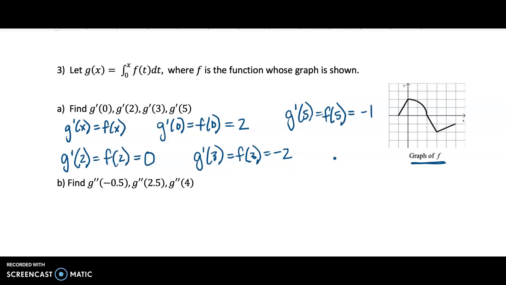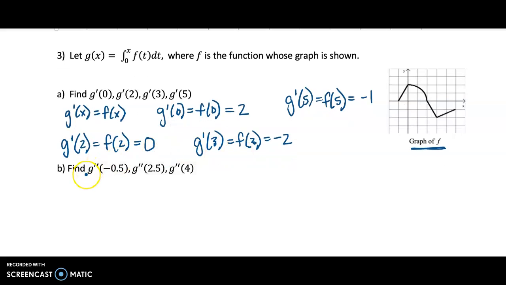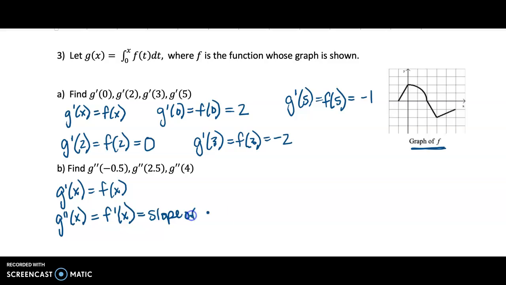Okay, so now what does that mean when I start saying g double prime? Well, I just figured out in the last problem that g prime of x is equal to f of x by the fundamental theorem of calculus, and if I take the derivative of both of these again, I'm going to get g double prime equals f prime of x. F prime of x is the slope of this function at x.